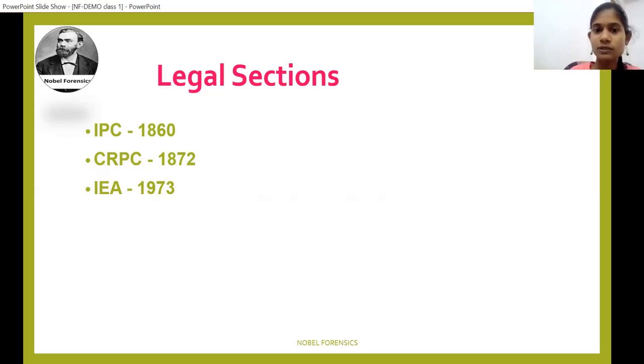So there is a distance between 304B IPC and 498A IPC, but if you learn them in the topic of murder, you can easily learn them. Also 113A and 113B of the Indian Evidence Act, those two sections are also related to dowry death. See, there is a big gap between all those sections, but if you learn them topic-wise, you can easily remember them for a longer time.